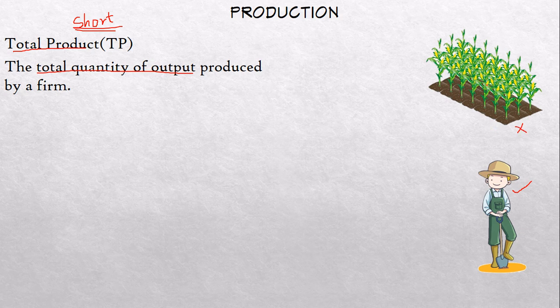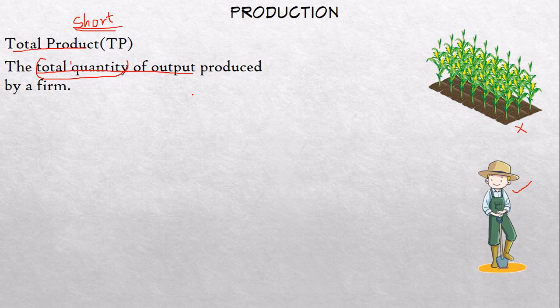Now when I have this land and this labor, the number of maize, since this is a maize farm, the total quantity of maize that the farmer is able to produce in the short run is what we refer to as the total product.